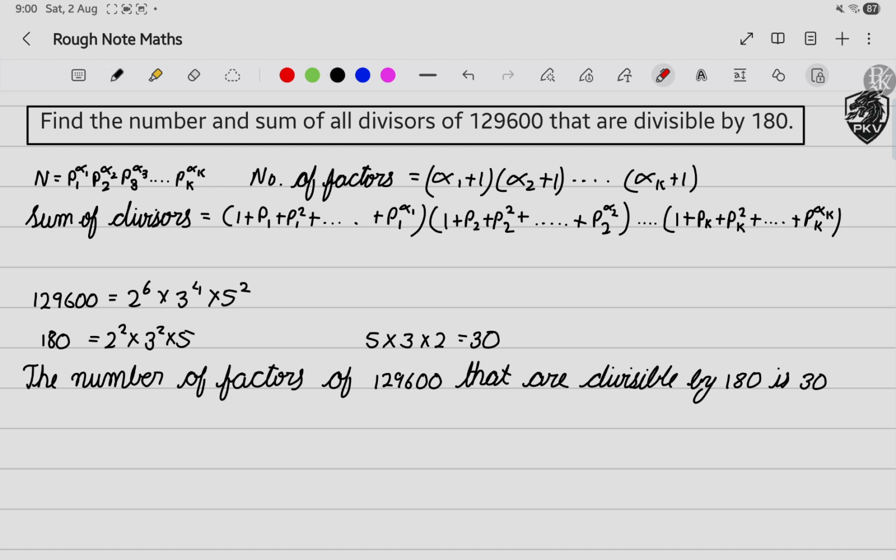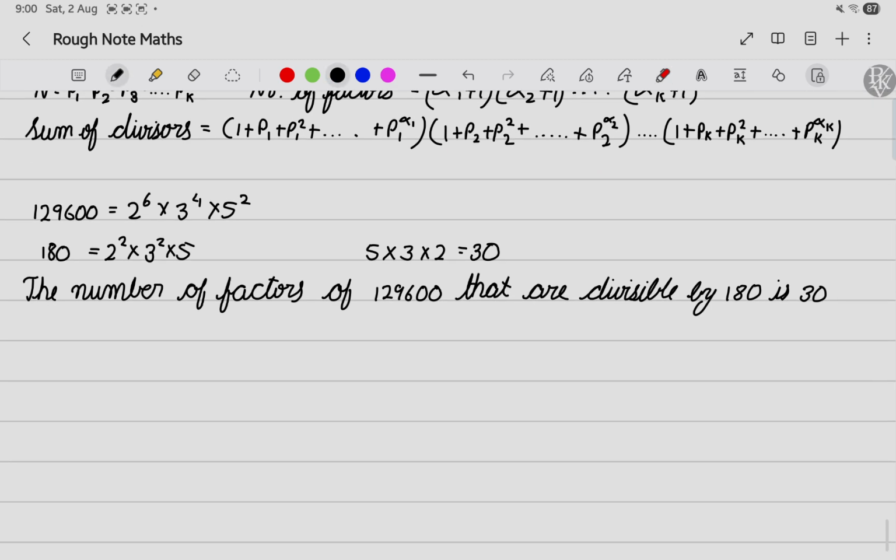So we will continue with this particular formula with a tweak. That is, here the possibility of the powers of primes is limited.